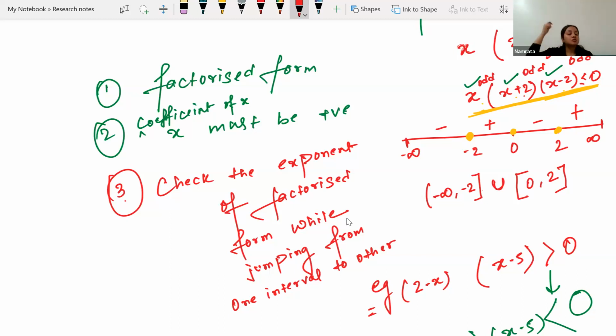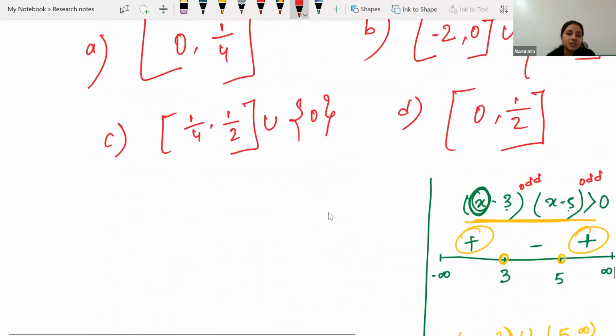But if we are having x minus 1 whole square, x minus 1 to the power 4, if we are having such factorized form and from there we have taken the critical point, then we have to be careful when we are jumping from one interval to another interval. If the power is even, then no change in sign will occur. And if the power is odd, then we will change the sign. Let's apply these concepts in our question.